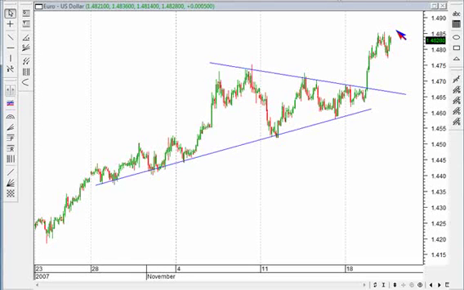And so you can see that in this consolidation range that we labeled as a pennant, because of the downtrending resistance level and the uptrending support level, we saw a great opportunity to get in and buy this currency pair.